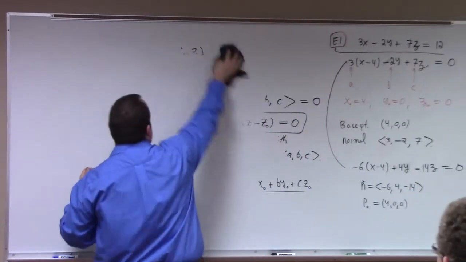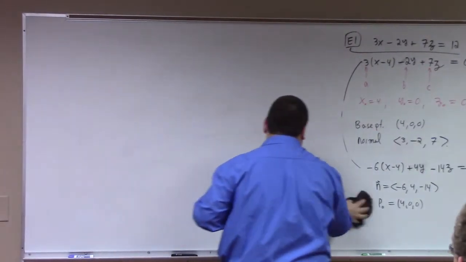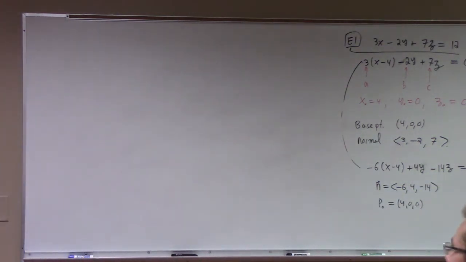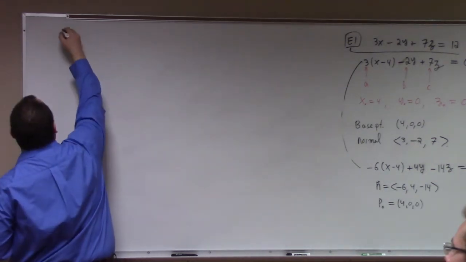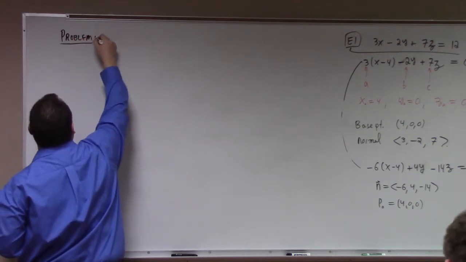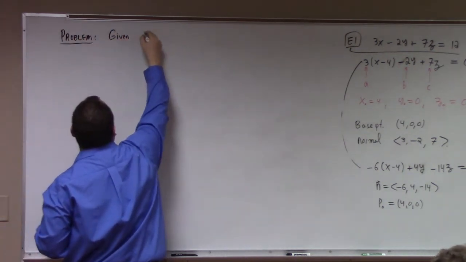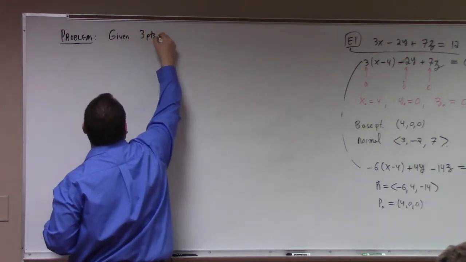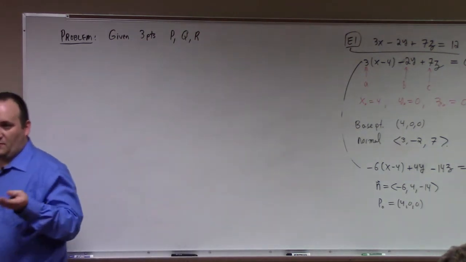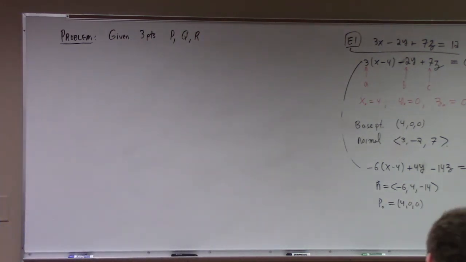Now, a natural question that you want to ask, and I think if I go back and look at all of the Calculus 3 tests I've ever given, this is on probably almost every single first test, a standard problem, and the problem is this. Given 3 points, P, Q, and R, they're usually specific numerical points on the test, like 1, 1, 1, or 2, 3, 4, whatever.